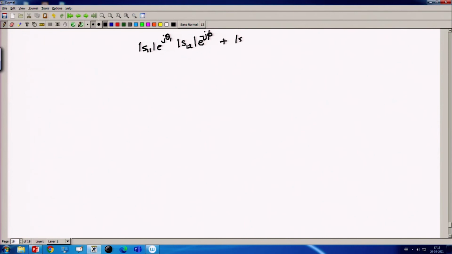Then we again have S12 e to the power j phi, and then because mod S11 is the same as mod S22, I can write S22 star as mod S11 e to the power minus j theta 2. That will be equal to 0.